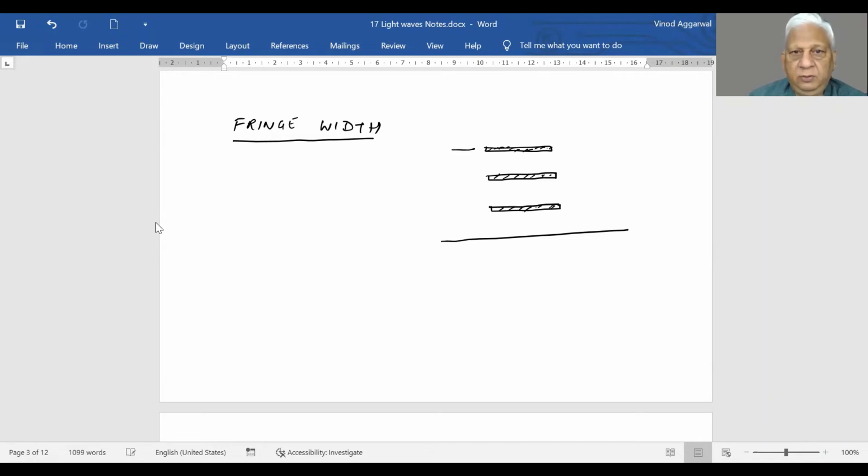The distance between two successive dark fringes or two successive bright fringes, whichever one you take, is called fringe width. This is our fringe width, and this distance is also our fringe width.